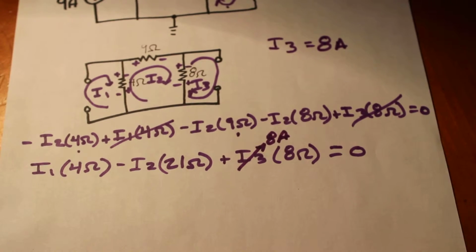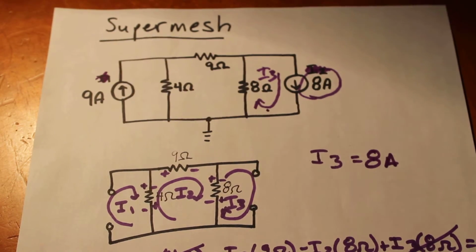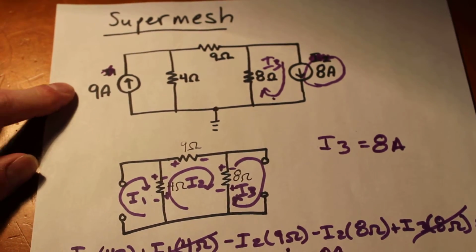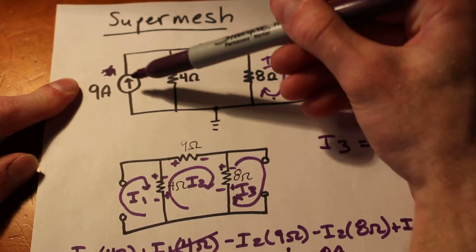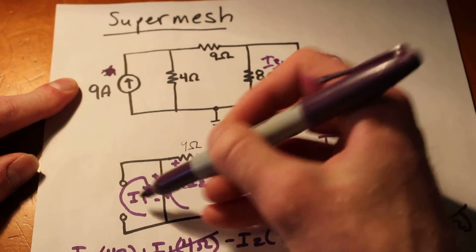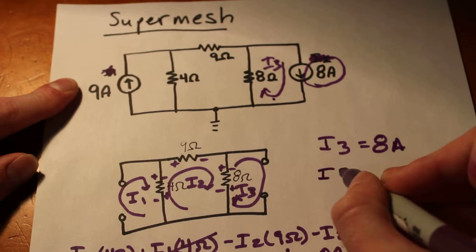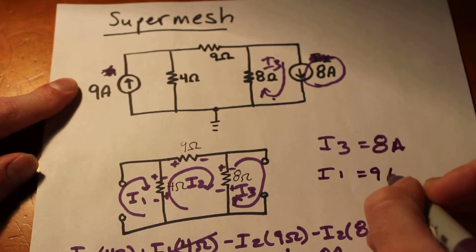Now we look at 9 amps over here, and this current source is pointing in the same direction as I1. So we know that I1 equals 9 amps.